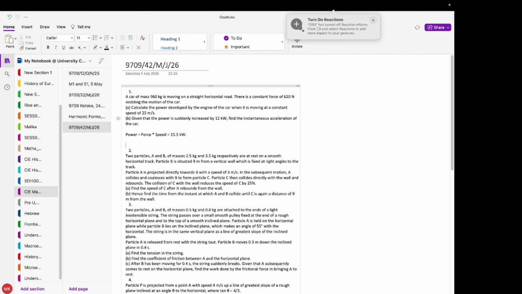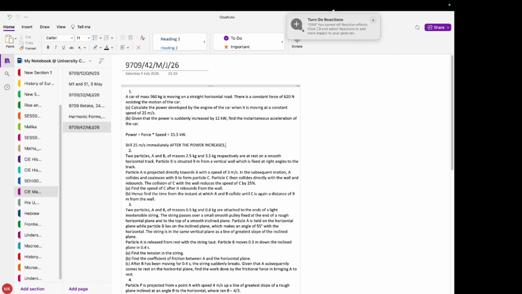Now, in part B, it might have caught a few people because instantaneous acceleration means the speed is still 25 meters per second immediately after the power increases.